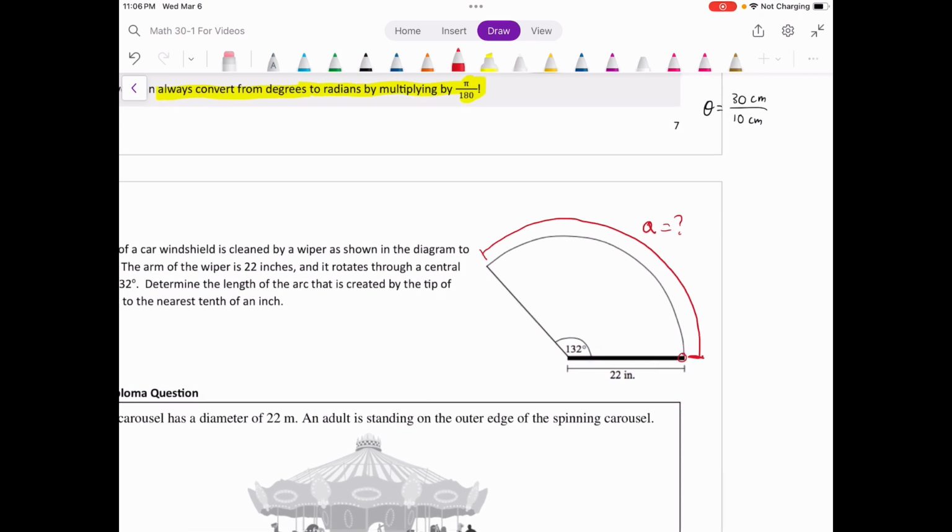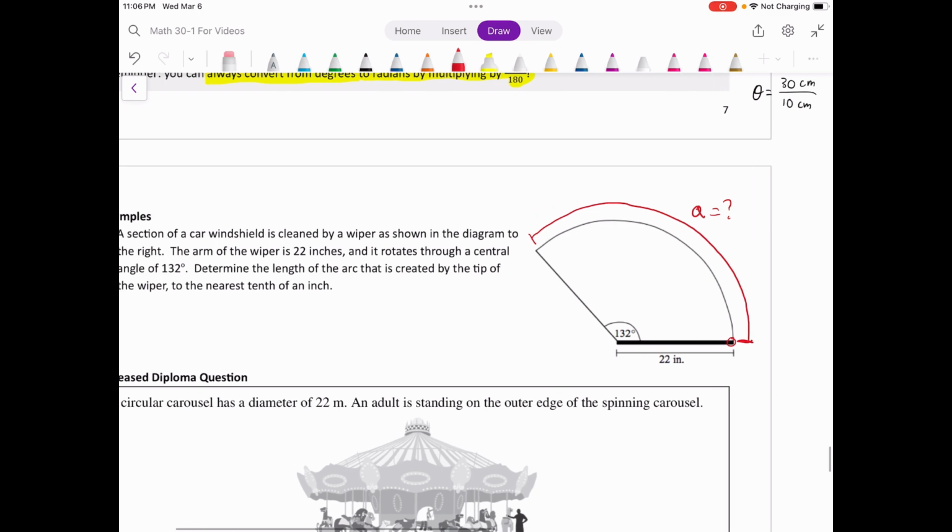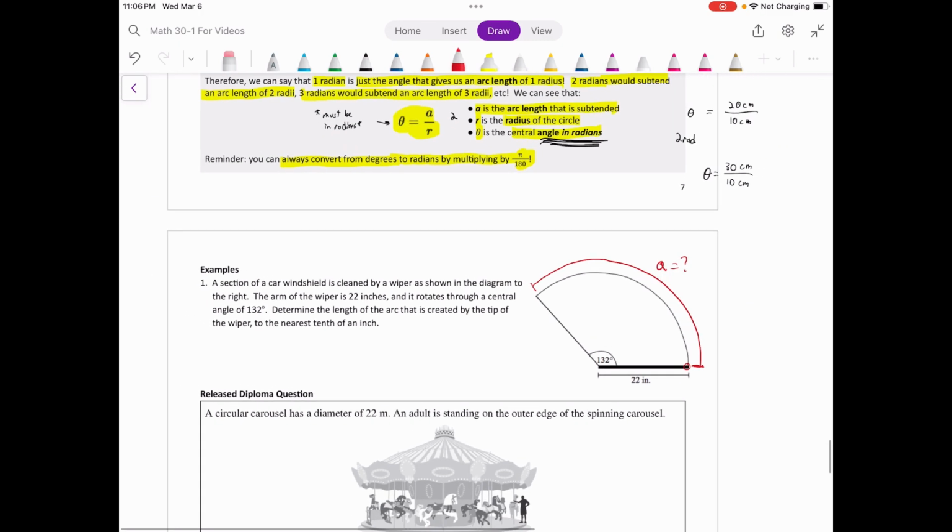All right, now what is this 22 inches in terms of our formula? Can you picture the circle here? What would that 22 inches be? Yeah, that's just the circle's radius, isn't it? If you imagine rotating that wiper all the way around, it wouldn't be good. It would mean your wiper was broken. But if it rotated all the way around, it's just making a circle.